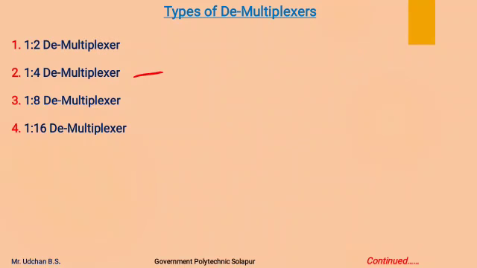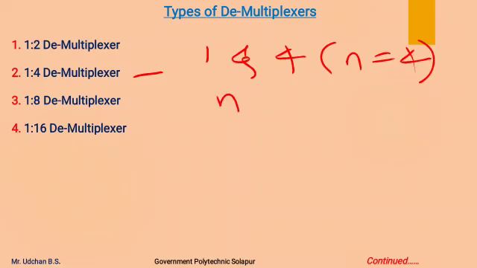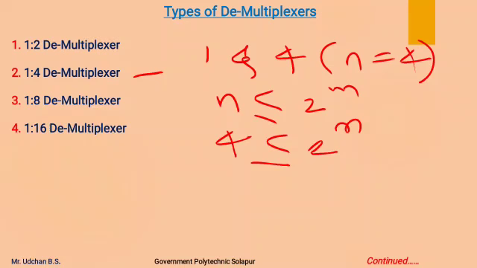Now second is the 1 is to 4 demultiplexer. Here the number of inputs is 1 and the number of output lines is 4, that is n is 4. So again we can find the number of select lines using the formula. N is less than or equal to 2 raised to m, so 4 is less than or equal to 2 raised to m.